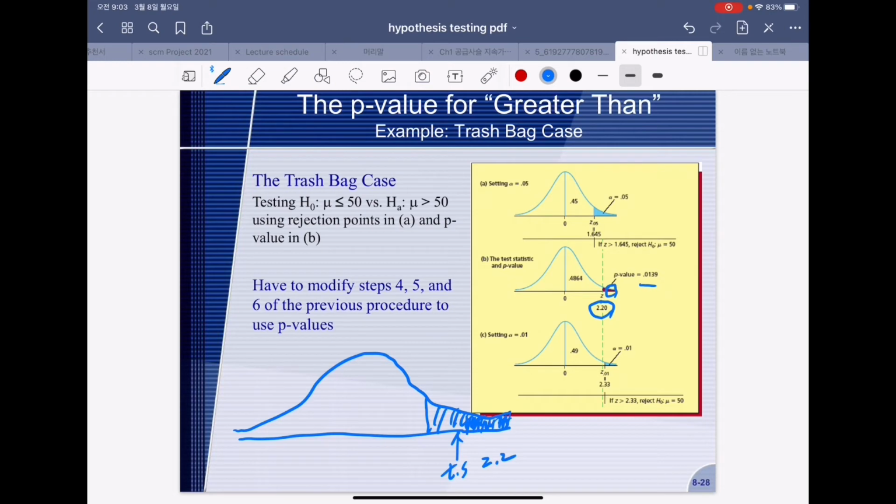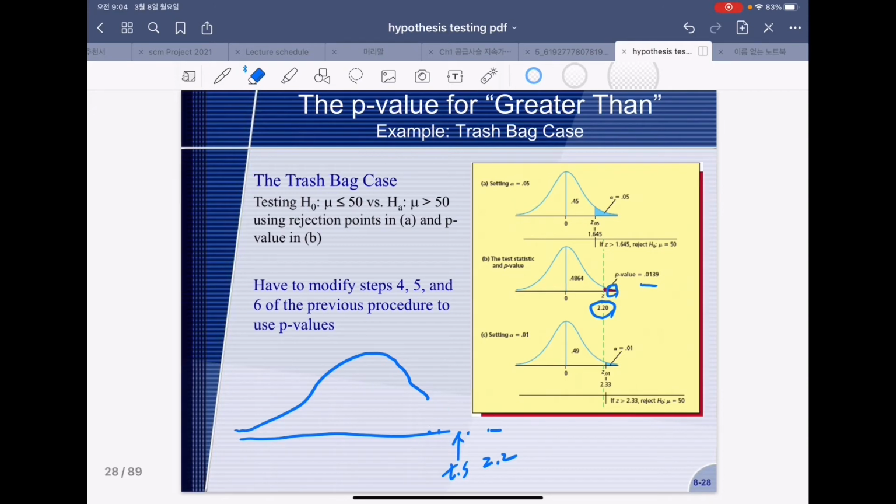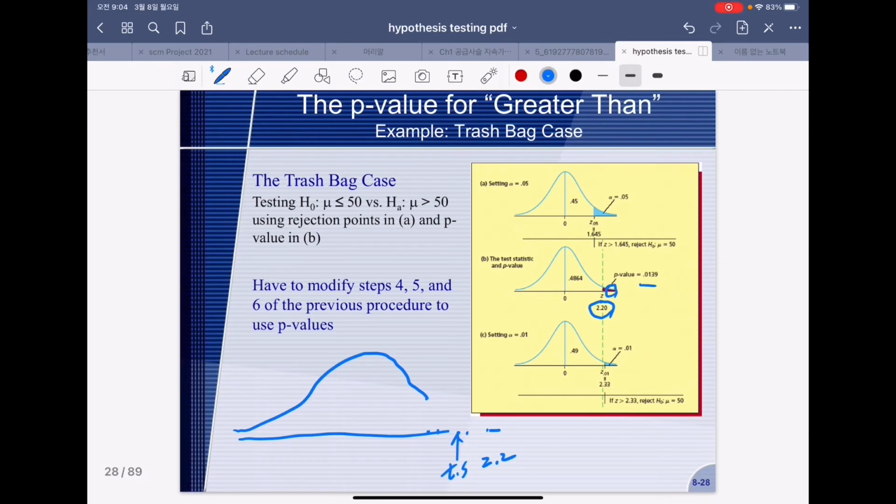Let me draw this one again. The smallest alpha for which you reject the null hypothesis is just left of this line. So you compute this area. That's the p-value.